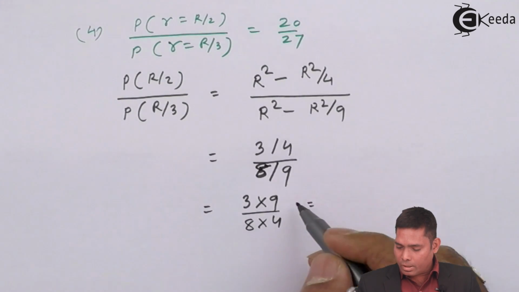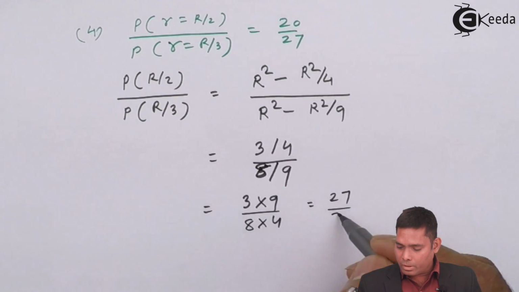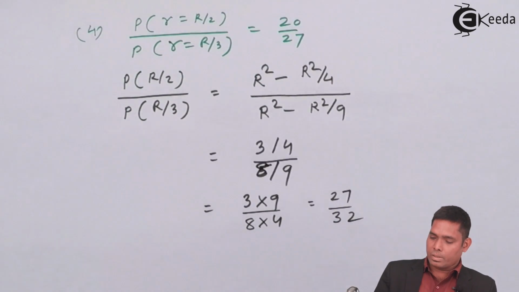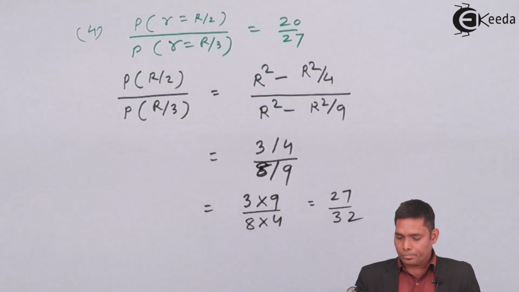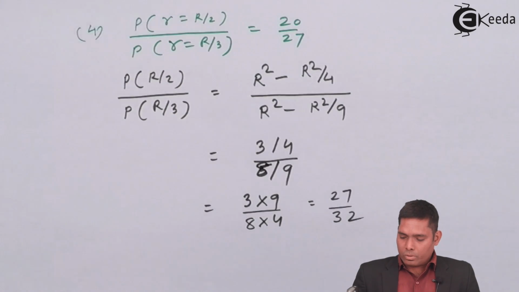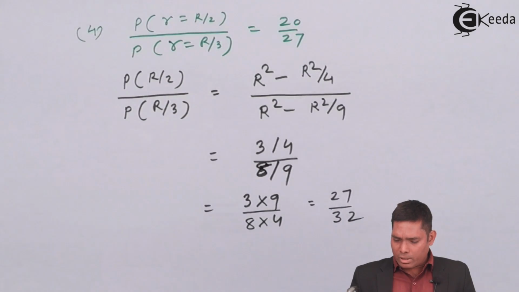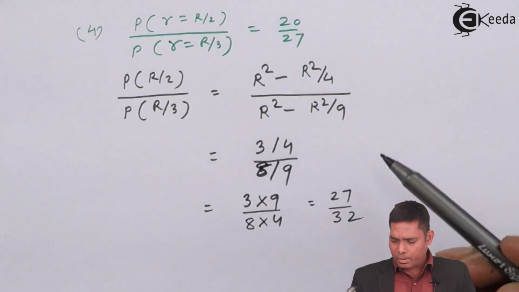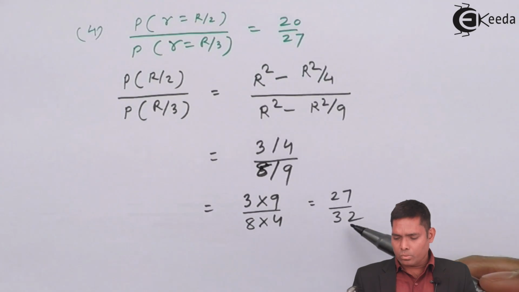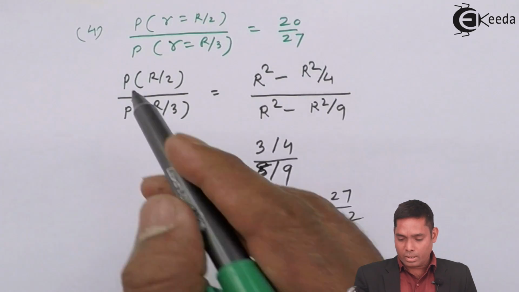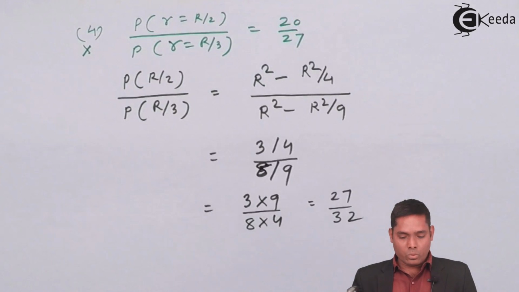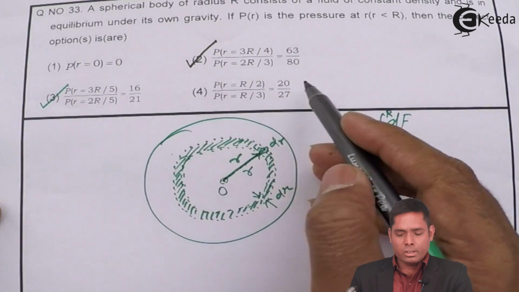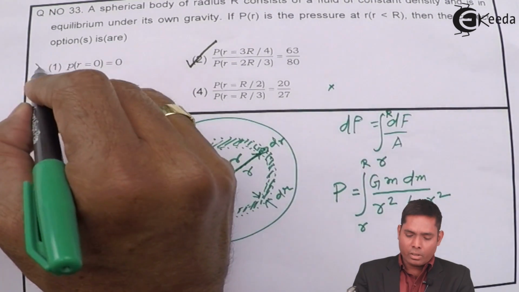So that is 27 divided by 32. Therefore this is not matching. This is 20 by 27, but we are getting 27 by 32. So this is not correct. So option number 4 is also not correct, and 1 is not correct.